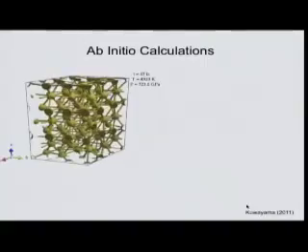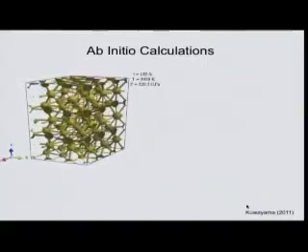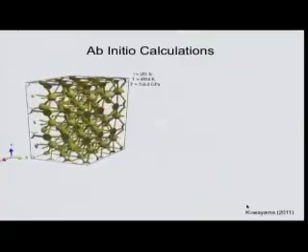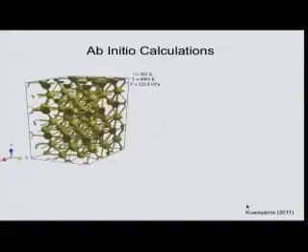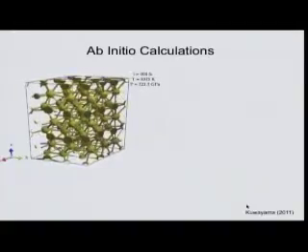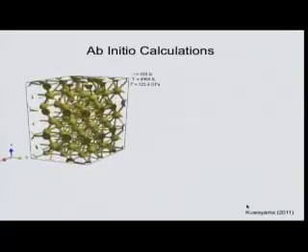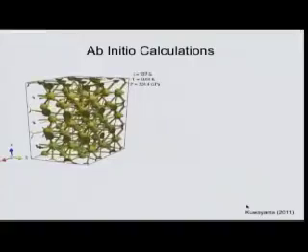We are basically solving Schrödinger's equation and seeing the interaction of the atoms with one another. This is a case where we are looking at pure iron. Each of these yellow spheres is an iron atom, and you can see that they vibrate. That's what we can average out to get the seismic wave speed.